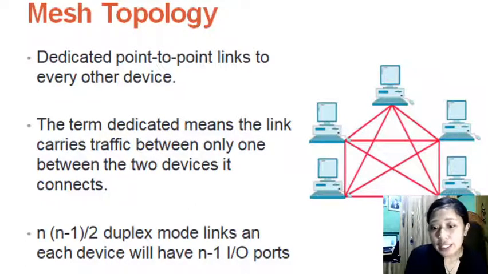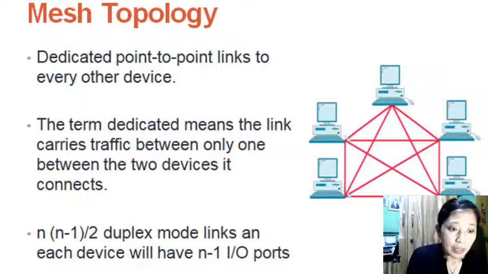Now the next important thing for us to see is, if we have n number of devices, how many transmission media, or how many ports used to connect the transmission media with the device, will be required. So let us see that. Let us try to find out, for a given n number of devices, how many transmission media and how many ports you will be requiring.